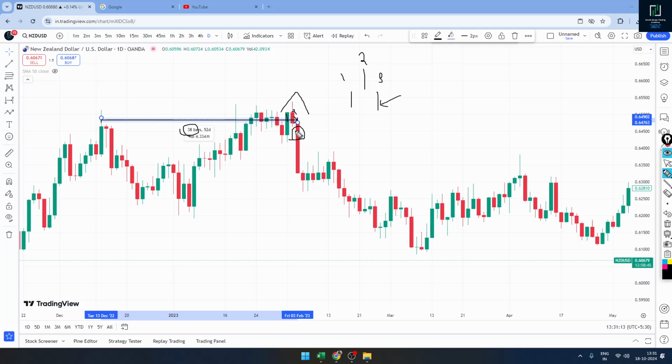So you can expect bearish movement after this candle. That is what happened.